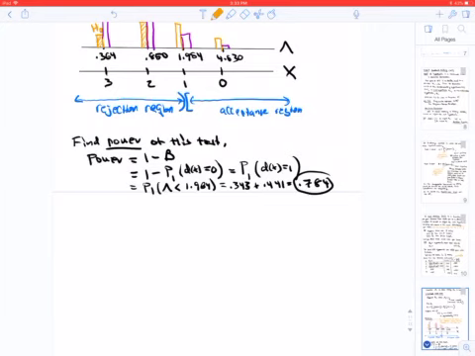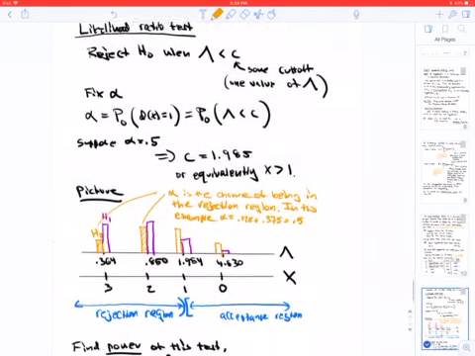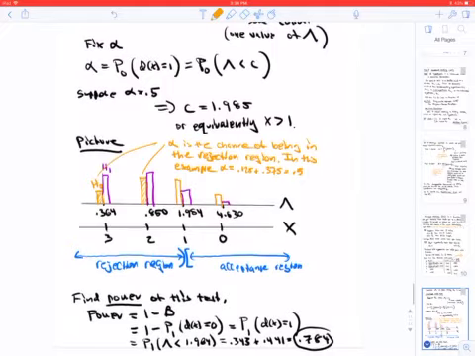And you can compute the power just by using the definition of beta, and to find the probability that lambda here is less than 1.984, we use the second column here, which is the alternative distribution, right?